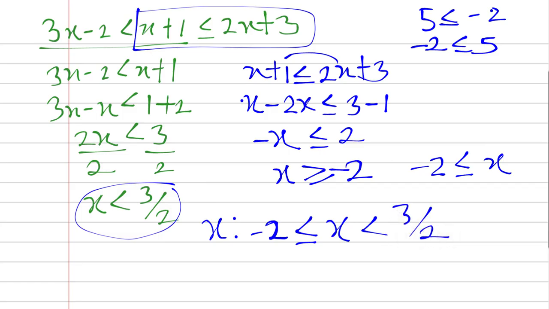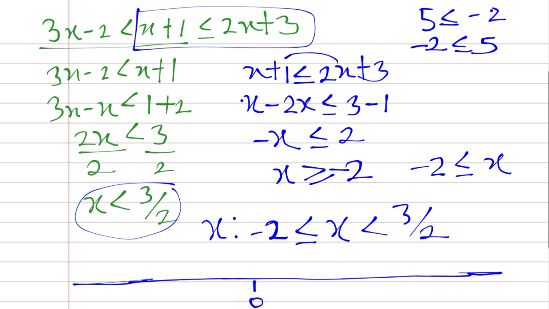Now if you want to represent this on the number line, this is where it gets interesting. Let's say this is a number line. Let's call this our point 0.